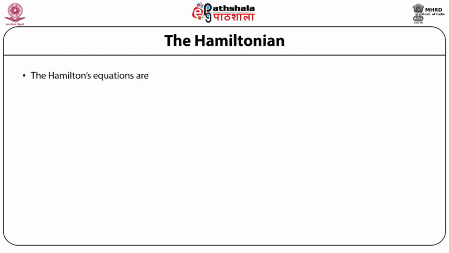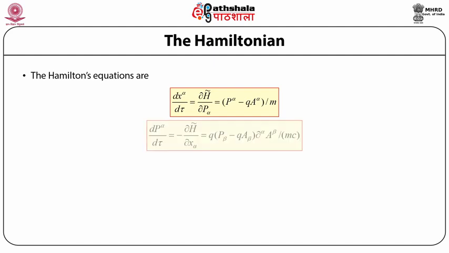The Hamiltonian equations are dx^α/dτ equals ∂H/∂p_α equals 1/m into (p^α minus qA^α), and dp_α/dτ equals minus ∂H/∂x^α equals q/mc into (p_β minus qA_β) ∂_α A^β.